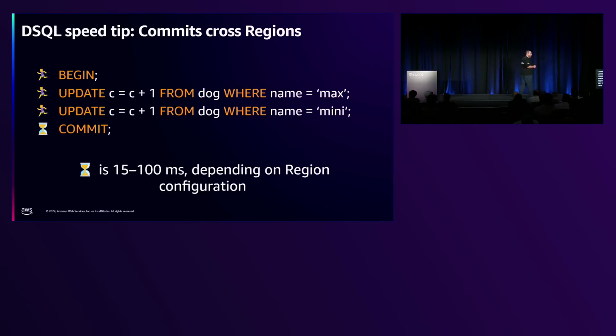And you'll see commit latencies in the multi-region mode of around 20 milliseconds. So you could typically expect a single update like this to take 3 to 5 milliseconds, maybe a little bit faster depending. You can expect a trivial select to take something on the order of 1, 2, maybe 3 milliseconds. And then you'll come to the commit, and the commit will take kind of 15-ish to 20 milliseconds, maybe 100, depending on how you've set up your multi-region cluster.